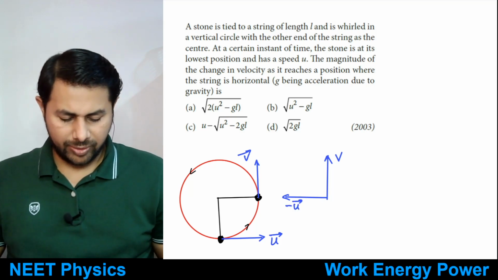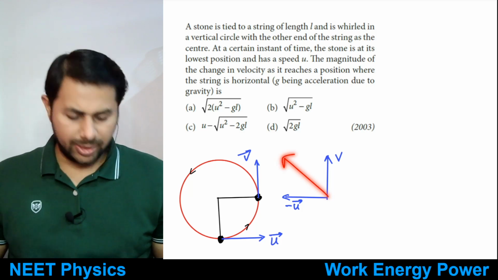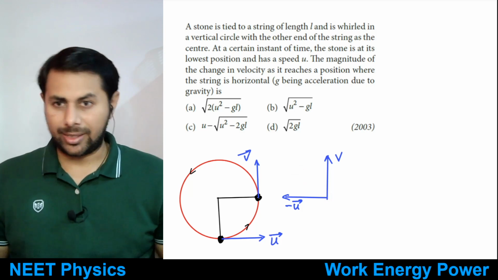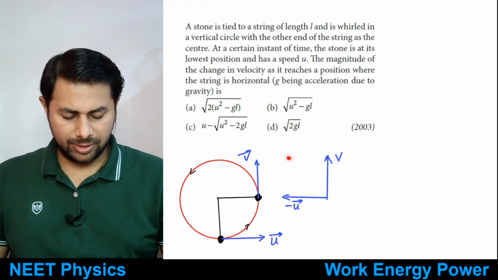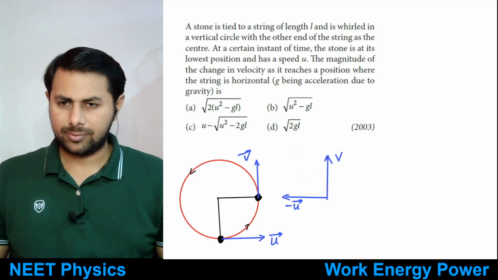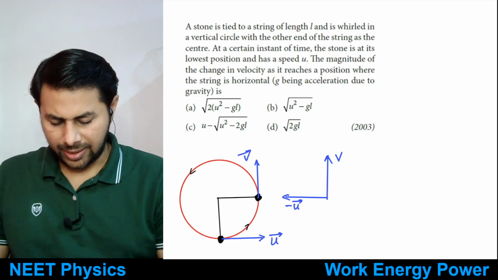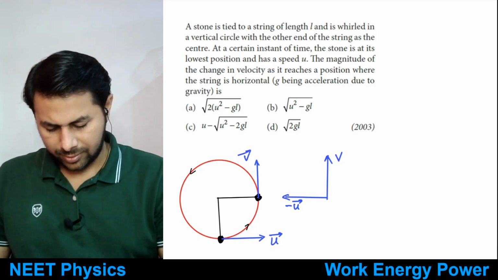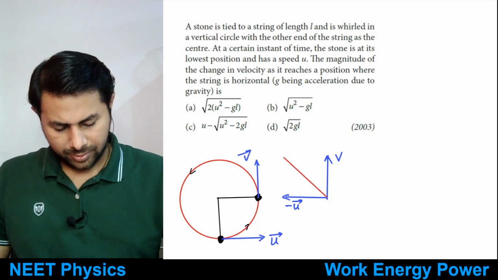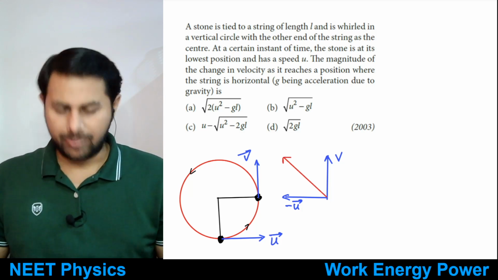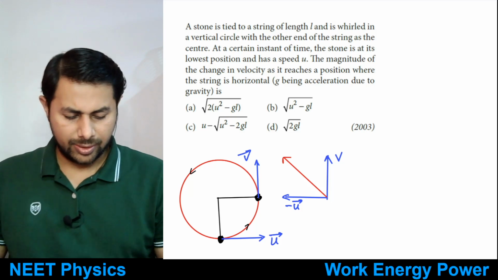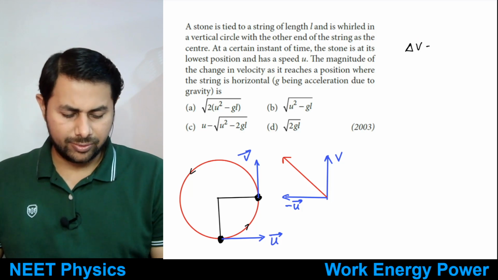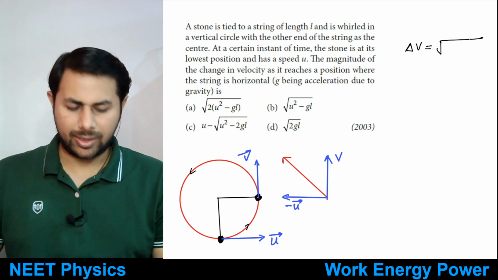Then what is v bar minus u bar? It's this one, by parallelogram law of vector addition. How much is that in magnitude? In magnitude, delta v is equal to square root of v square plus u square.